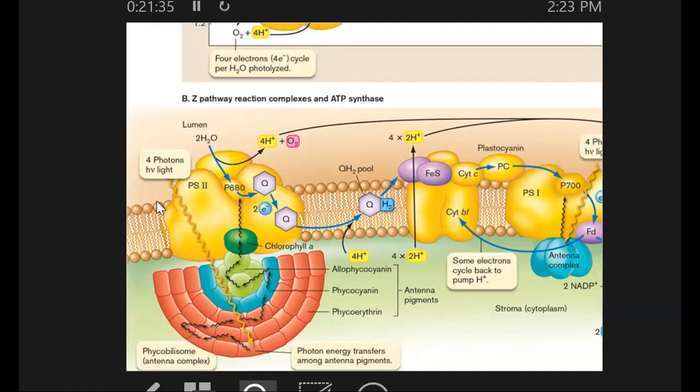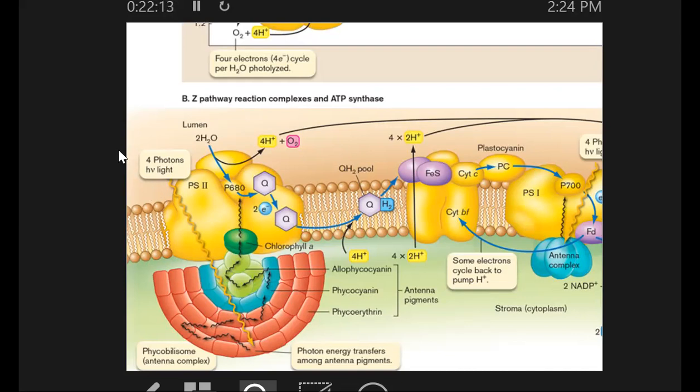Photosystem 2 is on the far left, then photosystem 1. The light energy is under that squiggly line, and they show the antenna system surrounding. The antennas absorb that light energy from the sun and deliver it to the reaction center. This chlorophyll A is a special chlorophyll that's in the reaction center.